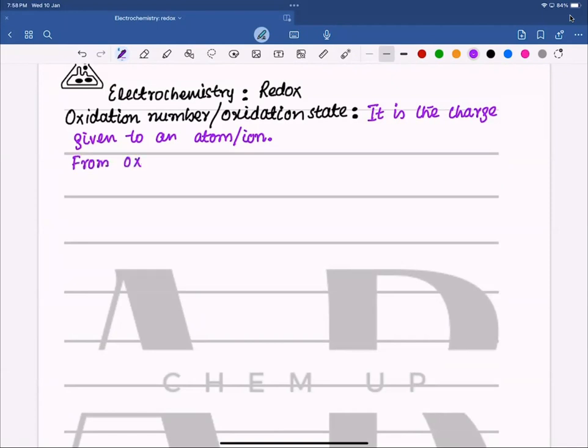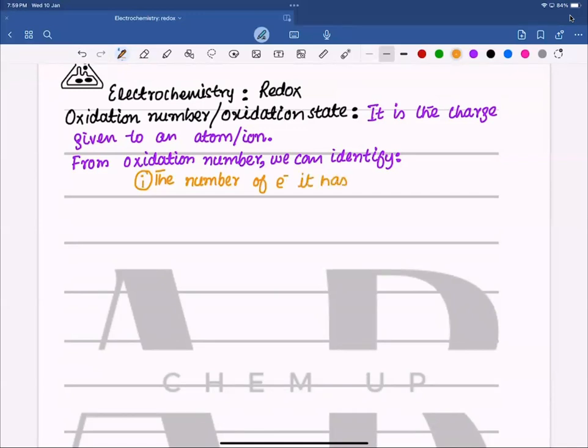From oxidation number, we can identify the number of electrons it has, and second, the number of electrons gained or lost.